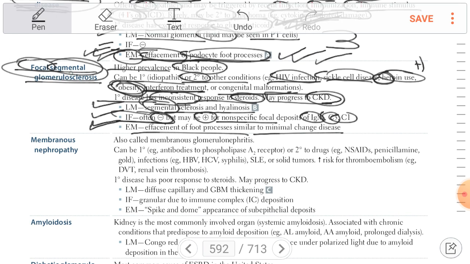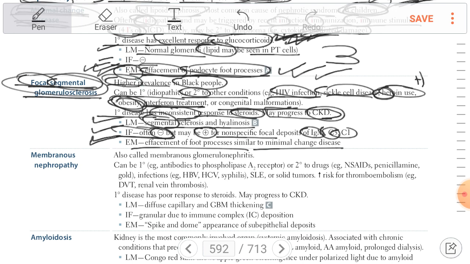So focal segmental glomerulosclerosis, a rapid revision: higher prevalence in black people, maybe idiopathic primary, maybe secondary to other causes like HIV infection, sickle cell disease, 2H, heroin, high body mass index means obesity, interferon treatment, congenital malformation. Primary disease has inconsistent response to steroid, may respond and may not, so can progress to chronic kidney disease.